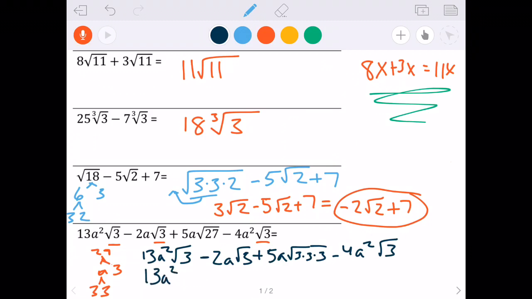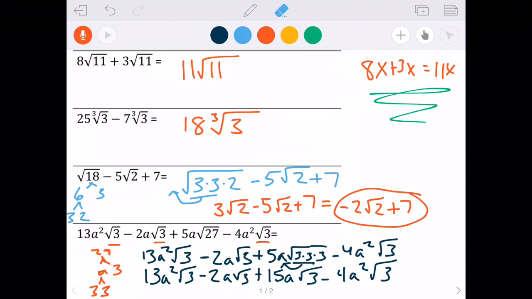Again, I'm going to rewrite everything. And I might run out of room, so I might need to do some erasing here. I have a pair of 3s, so I'm going to bring the pair of 3s out front. And there's already a 5a out front. So out front, I'm going to have 5a times 3, which is 15a. So that is what I have currently.